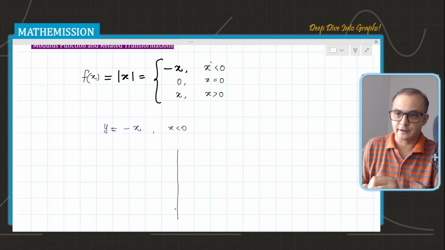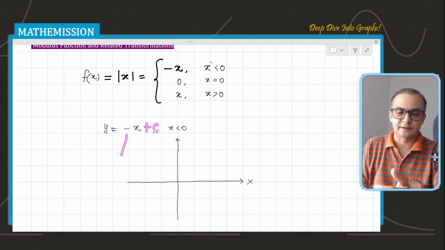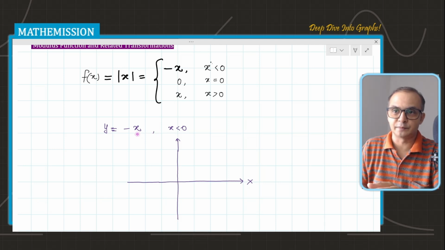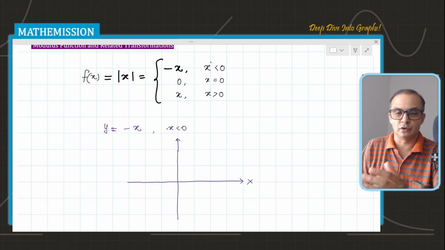So suppose I have the x and y axis here, and you know that when we draw the line y is equal to minus x, the slope of the line is negative 1 and the intercept is 0. Since the y-intercept is 0, it must pass through the origin with a negative slope. But I have to take this line up to the origin only.